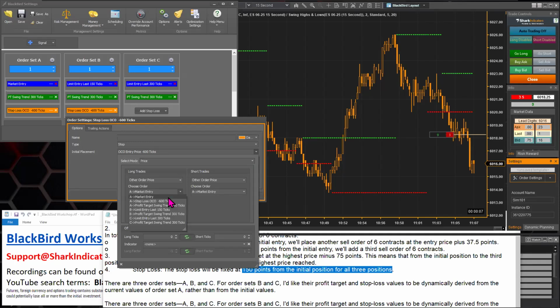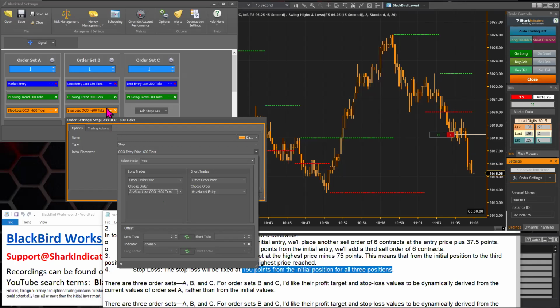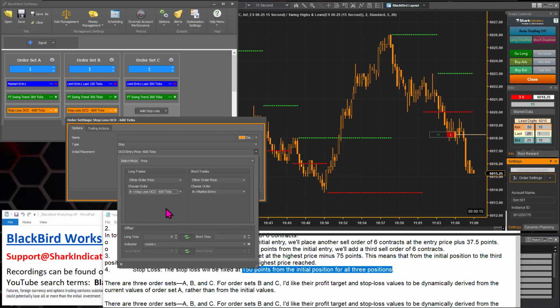And we want to match the stop loss for A. So we want to set the stop loss for B to the stop loss for A. So that's how we get all our stop losses to match the initial stop loss position there.